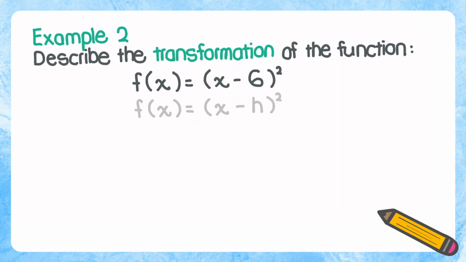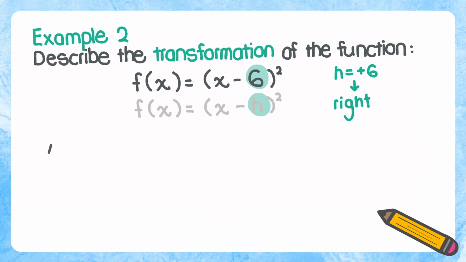We have an exact match, and h is replaced by 6. So in this problem, h equals positive 6, so we will move to the right. Again, since h is positive, we move to the right.